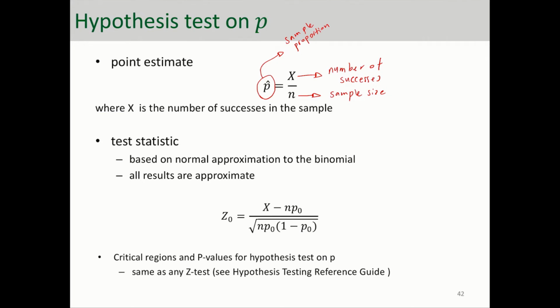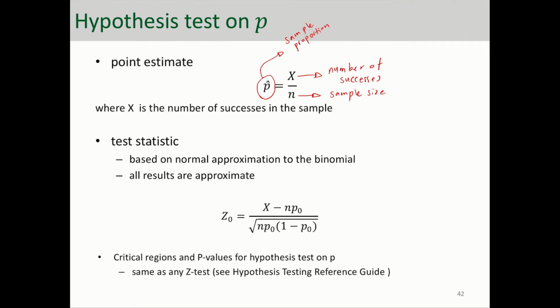Because we have this success or failure, the distribution is binomial, but we approximate that using normal distribution. So therefore, the test stat is a z-score. As you can see, the parameters are x, the number of successes, minus n times p naught, where n is the sample size and p naught is the hypothesized proportion.